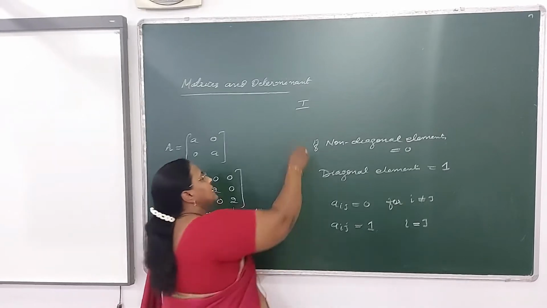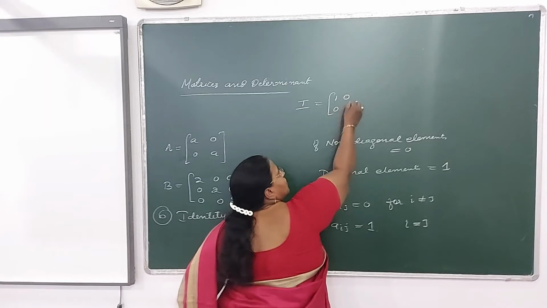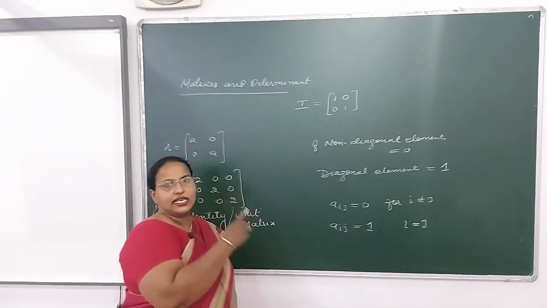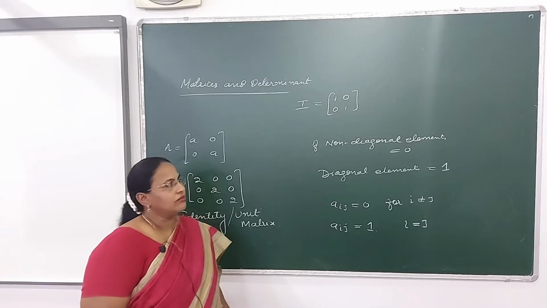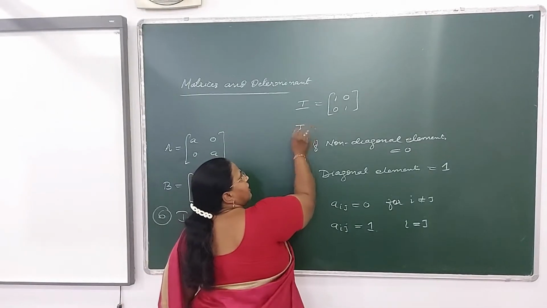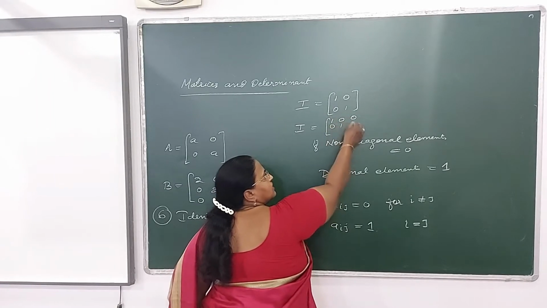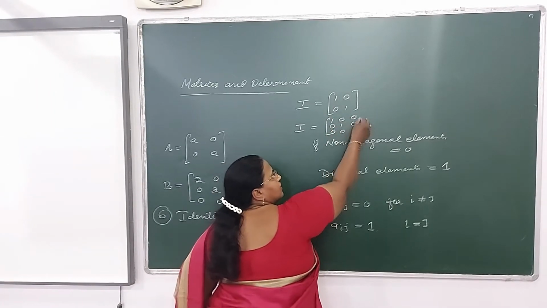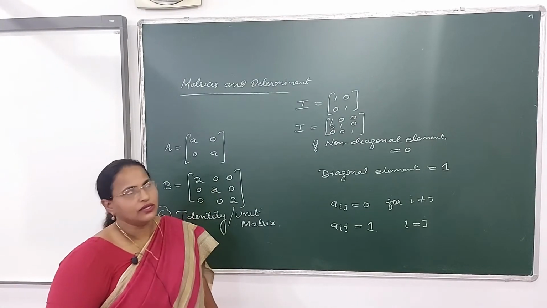Capital I is equal to [1 0; 0 1]. This is an identity matrix of which order? Order 2. Likewise, I is equal to [1 0 0; 0 1 0; 0 0 1]. This is an identity matrix of order 3.